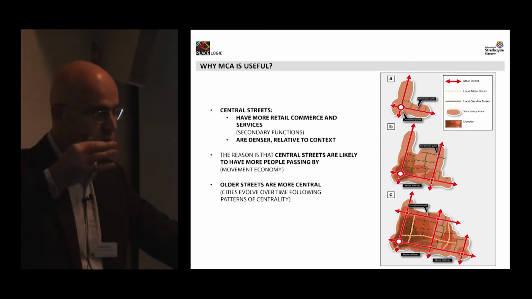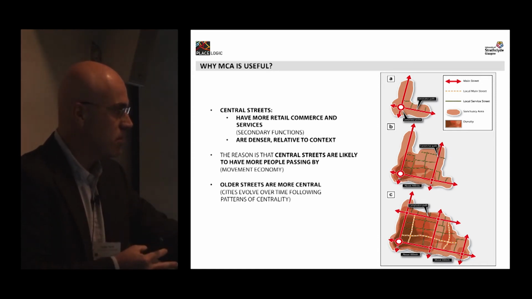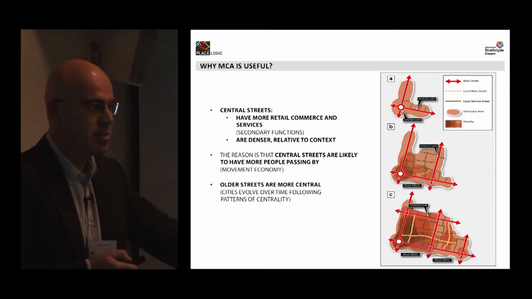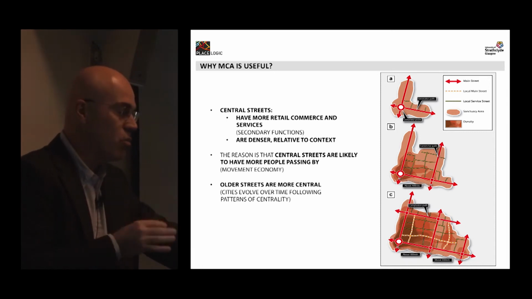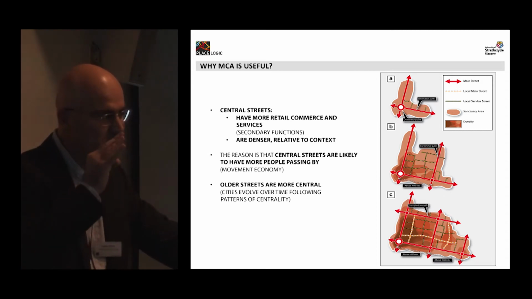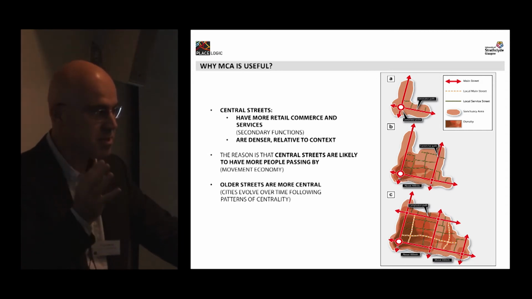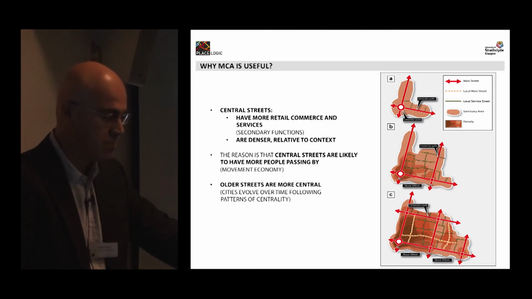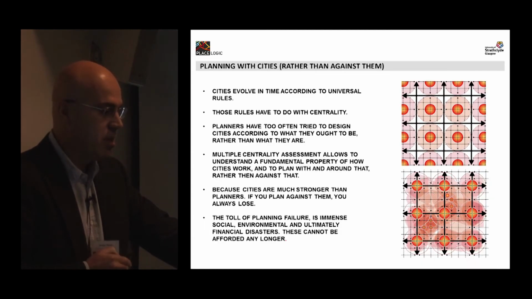So centrality appears to be really a driver of urban evolution, for all kinds of cities, in all ages, in all the most different conditions, economically, climatically, etc. It starts to appear like a universal driver for cities' evolution, if you pardon that word.